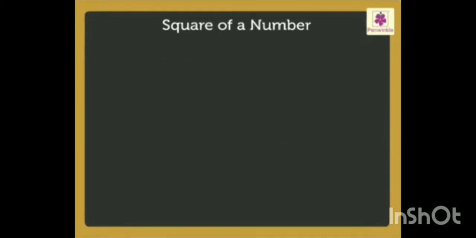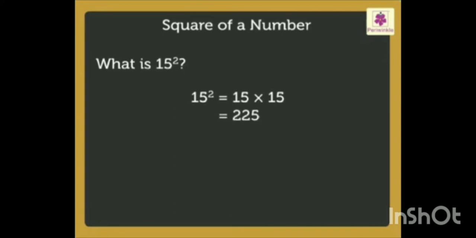Now, let us find what is 15 square. 15 square is equal to 15 into 15, which is equal to 225. So, 15 square is 225.